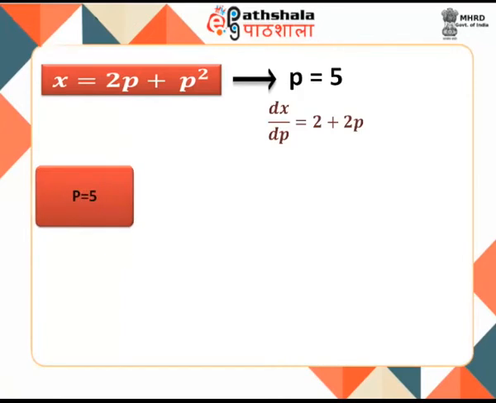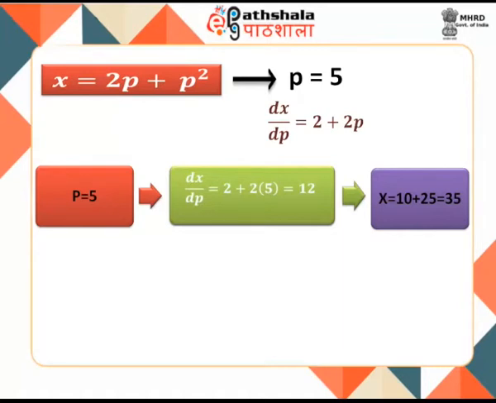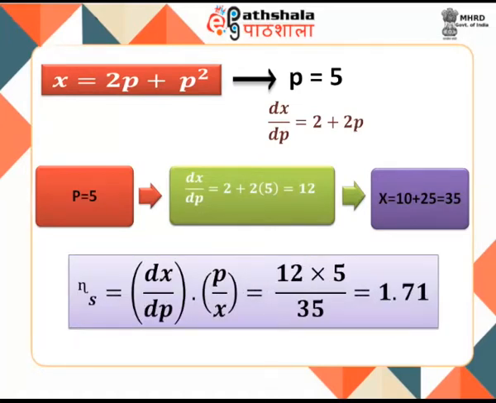At p is equal to 5, dx by dp is equal to 2 plus 2 into 5, which is 12, and x is equal to 10 plus 25, which is 35. Thus, elasticity of supply is equal to dx by dp into p by x, equal to 12 into 5 by 35, equal to 1.71.